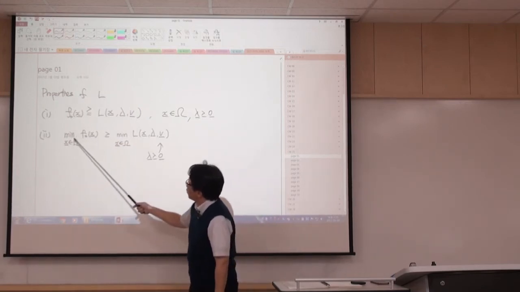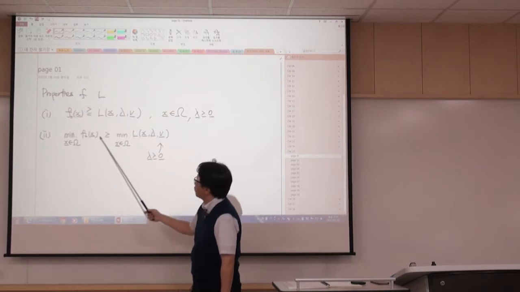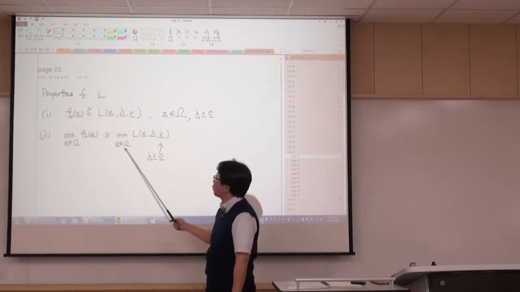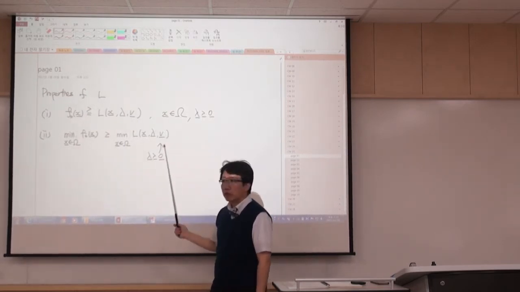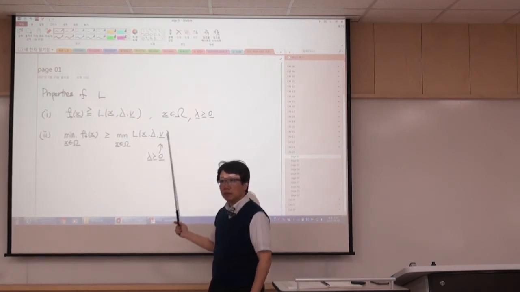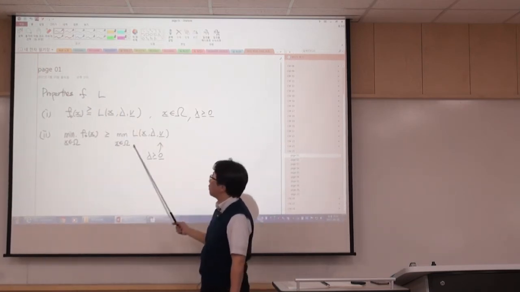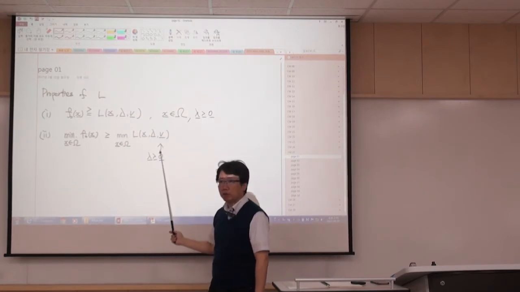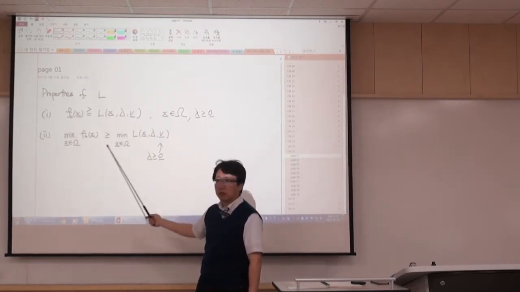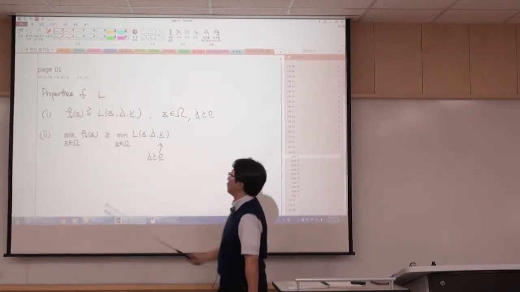Of course, the minimizer for this one may be different from the minimizer of this one, right? Got it? The minimizer of this problem may be different from the minimizer of this problem. But still, the inequality holds. Kind of obvious.